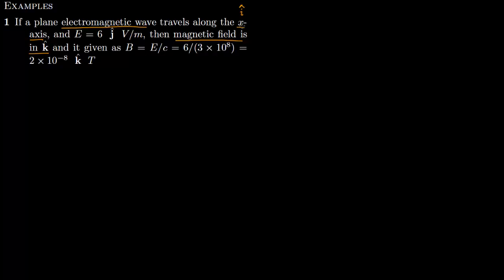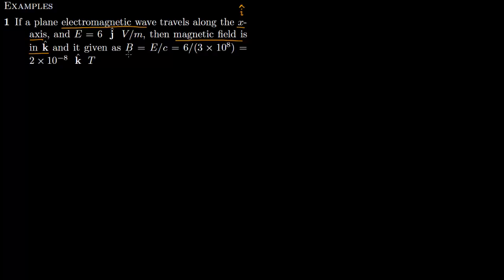But since the direction of propagation is along the x-axis, the only place left for the magnetic field is the z-axis. The z-axis is denoted by the unit vector k hat, so the magnetic field is in k hat.